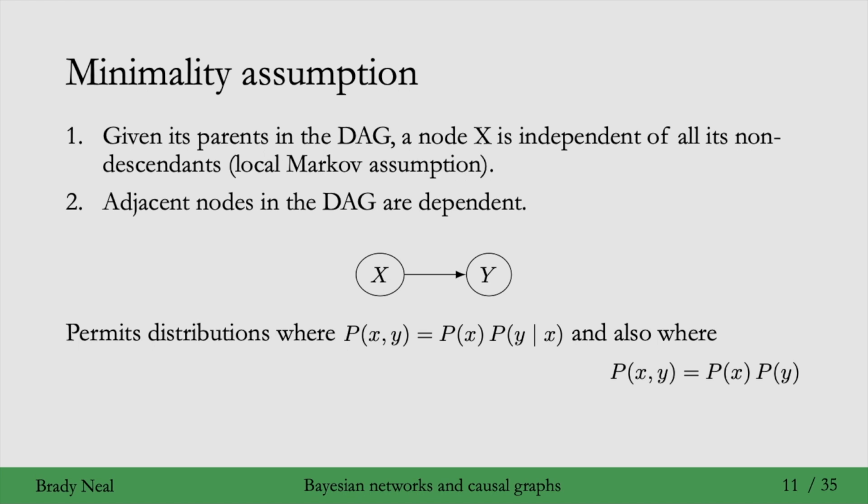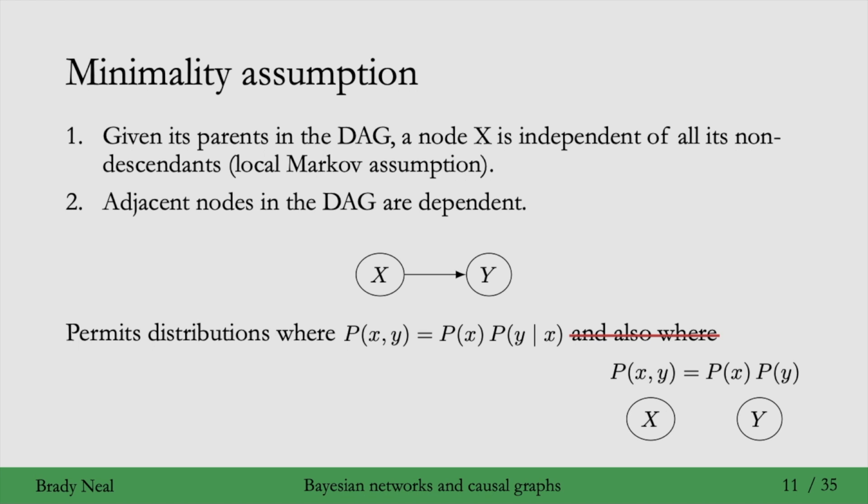And now that we've added this second part to the local Markov assumption, this graph, x with an edge to y, no longer permits distributions that factorize as p of x times p of y. It no longer permits distributions where x and y are independent. Rather, now that we're using the minimality assumption when we're talking about graphs, if we wanted to talk about that distribution where it's fully factorized, we would need to use this graph, x, y, without any edges in the graph.